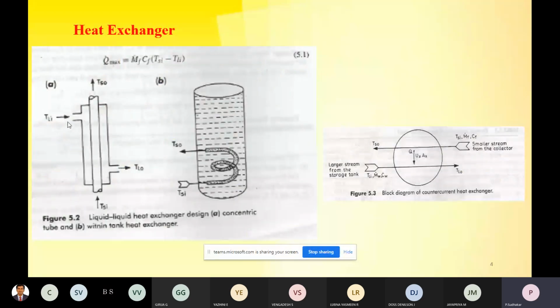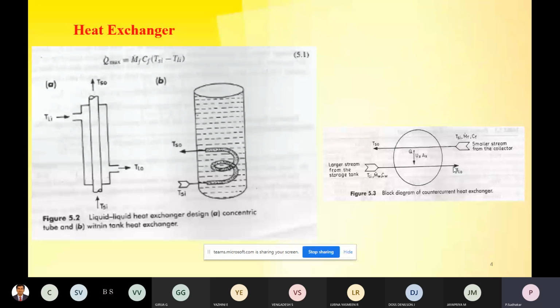So when we refer to this equation, hot water at TSI will cool down to TSO during its flow in the heat exchanger, while the cold water will come at a lower temperature and gain heat from the hot fluid, and it will reach the temperature TLO during its flow, and the direction will be opposite.